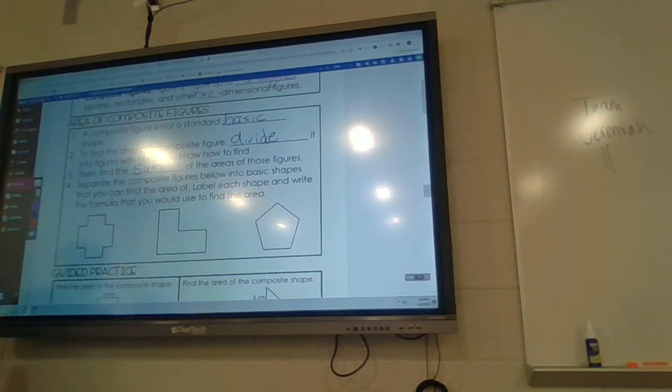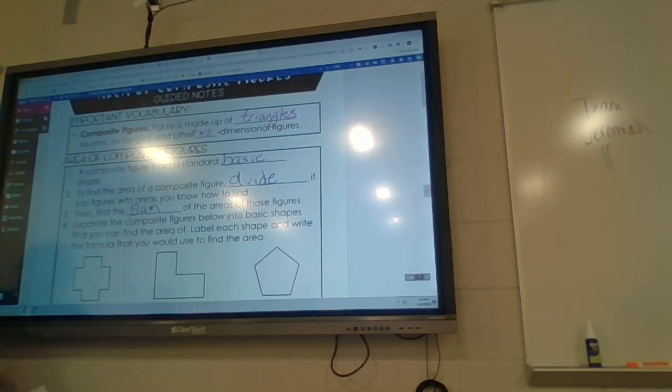Yes. And to find the area of a composite figure, divide it into figures with areas you know how to find. Very top. The figure is made up of triangles, squares, rectangles, and other two-dimensional figures. That's what a composite figure is.